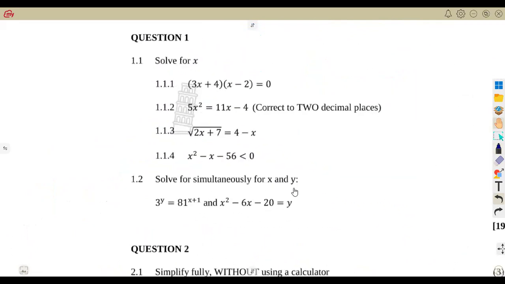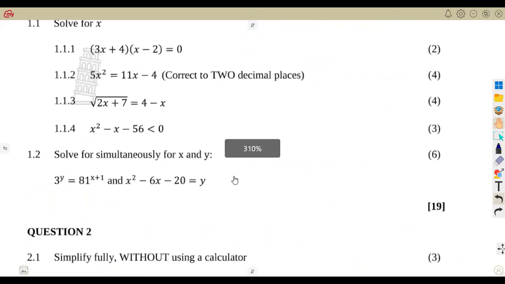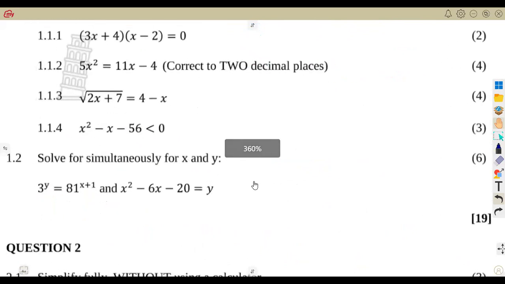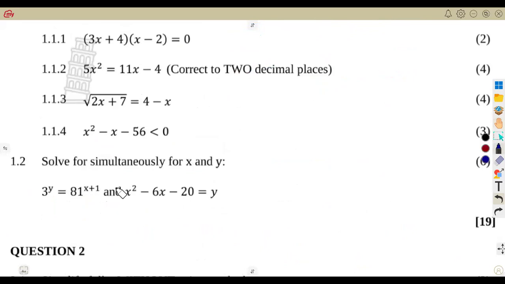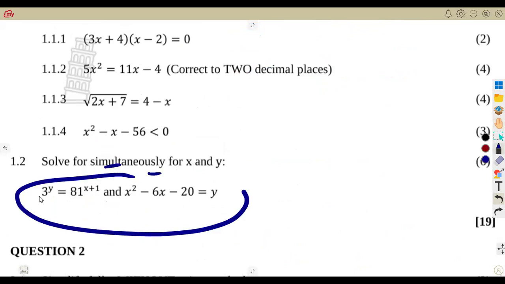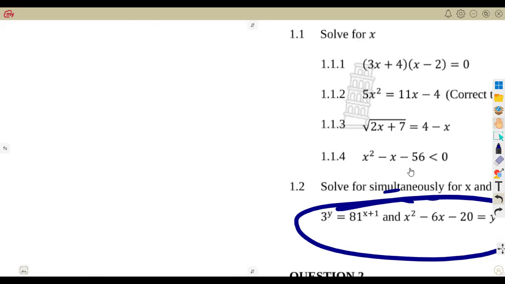All right, then we are given on 1.2, it was to solve for x and y simultaneously. This is what we have, for 6 marks.